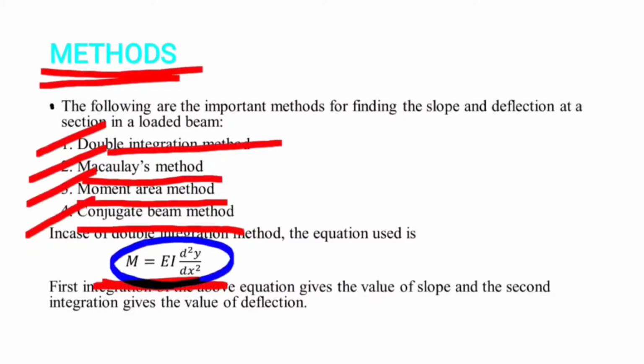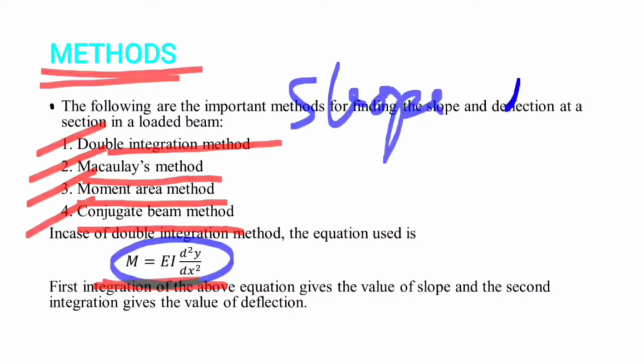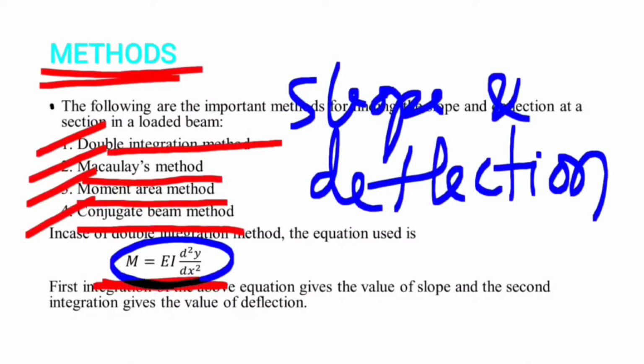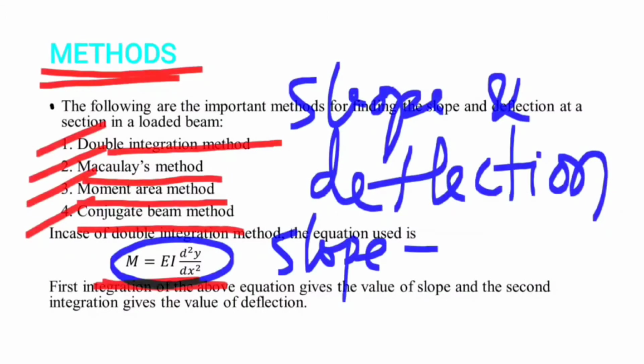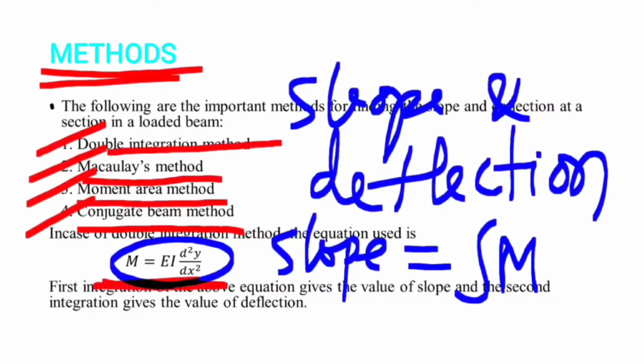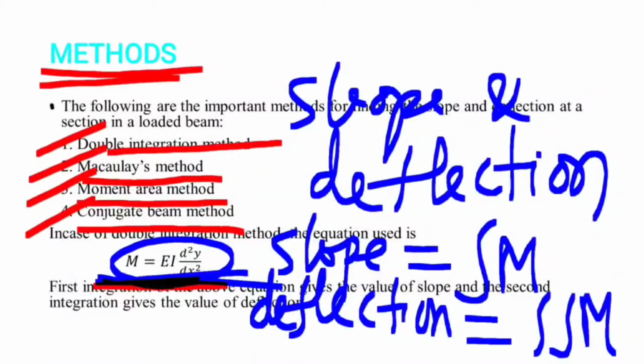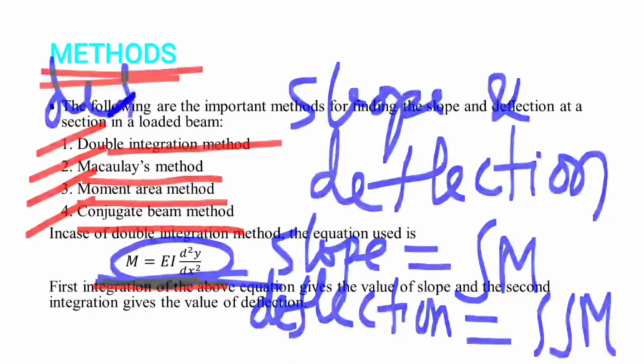I need slope and deflection, so the first integration, that is slope, is equal to the first integration of the bending moment equation. If I need deflection, then I integrate the bending equation 2 times.